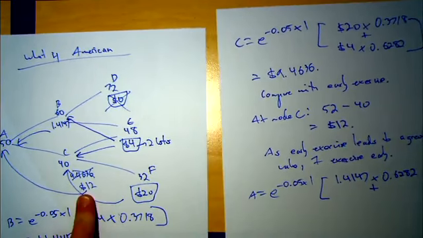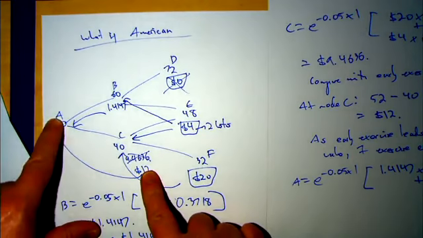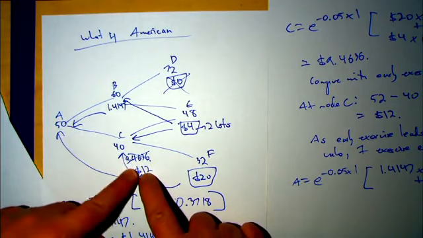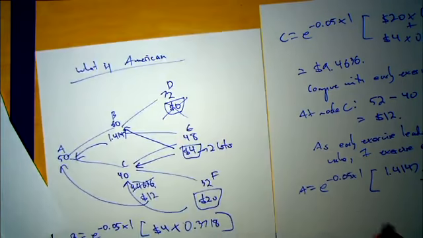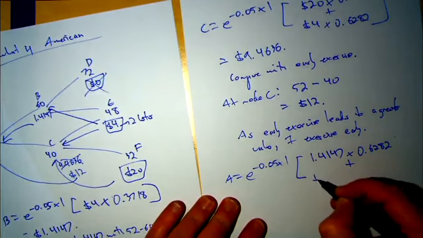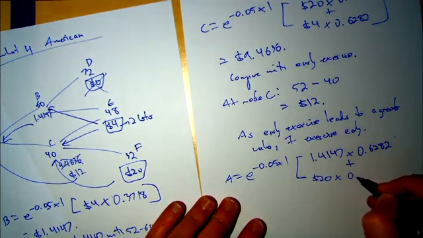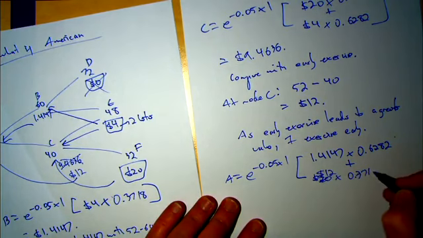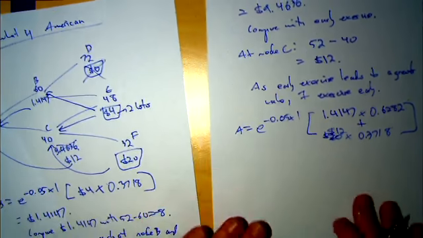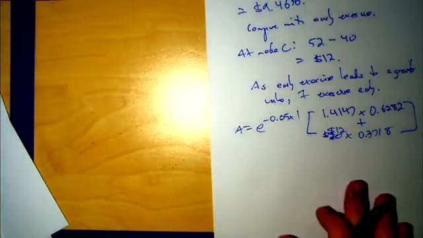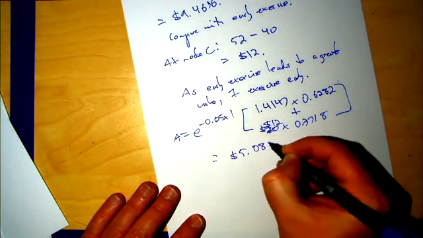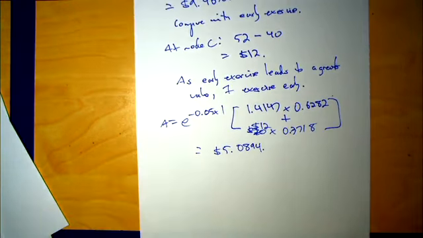And then this $12, to get that $12, you went down the tree from A to C. So the probability of getting that $12 is 1 minus P. So $12 times 0.3718. And that gives me 5.0894. Am I done?